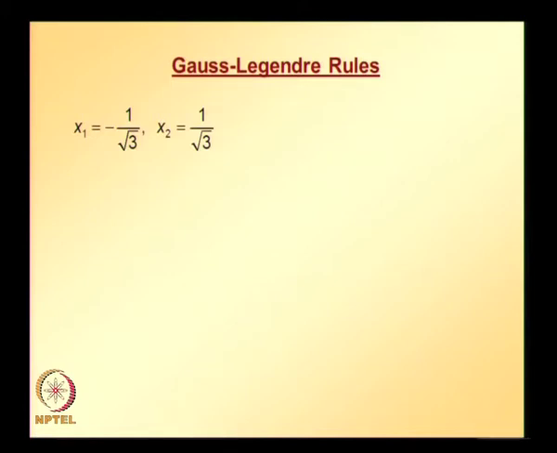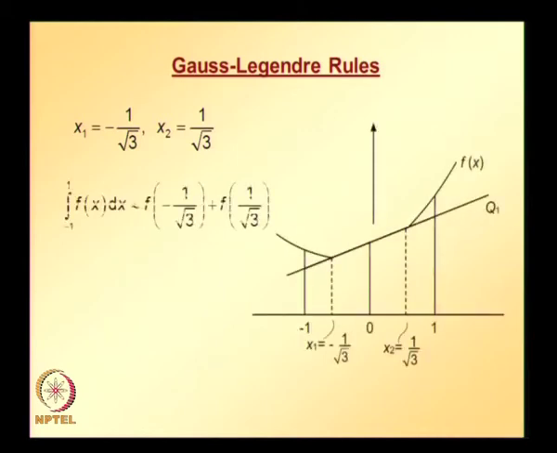So basically, according to the 2-point Gauss-Legendre rule, we are going to evaluate the function at minus 1 over root 3 and 1 over root 3 and multiply with the corresponding weights and add them together. The corresponding weights are 1 here.